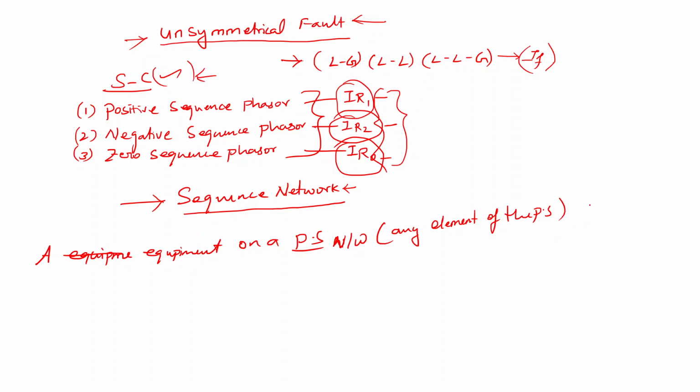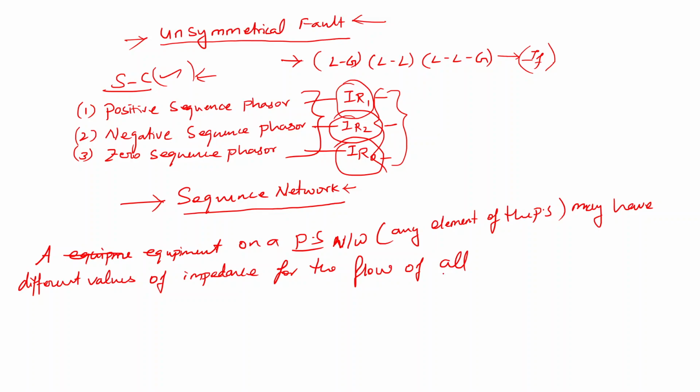Any element of the power system may have different values of impedance for the flow of all these sequence currents, all these three.